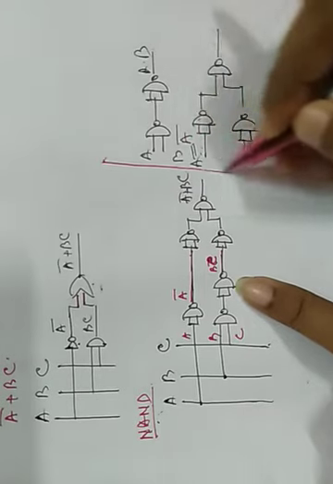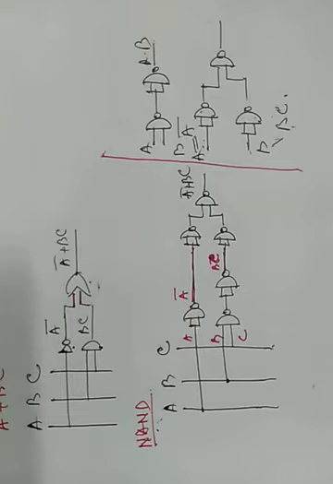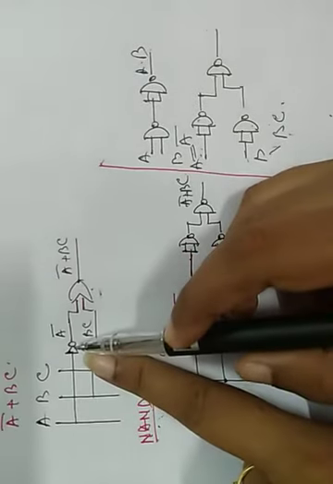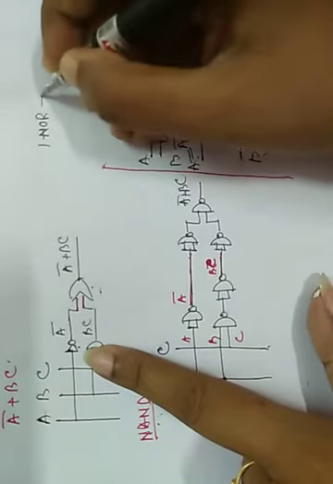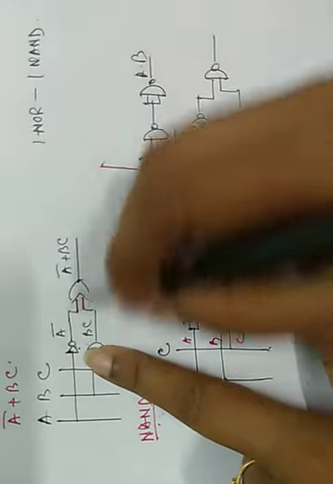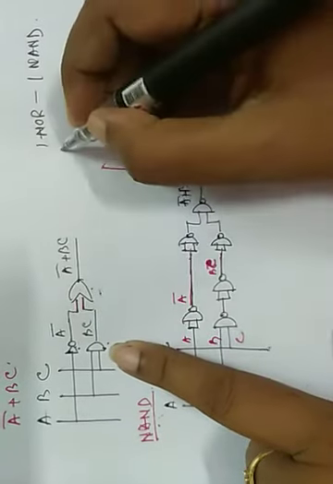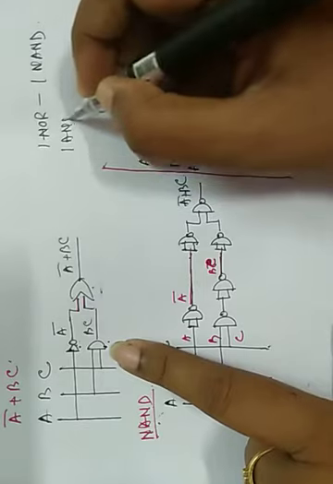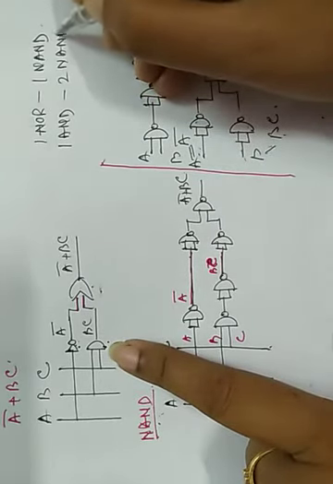Okay, you can count the total number of NAND gates required. Then you can understand whether your diagram is correct or not. For one NOT gate, one NAND is required. For one AND gate, as the names are the same, 2 NAND gates are required.